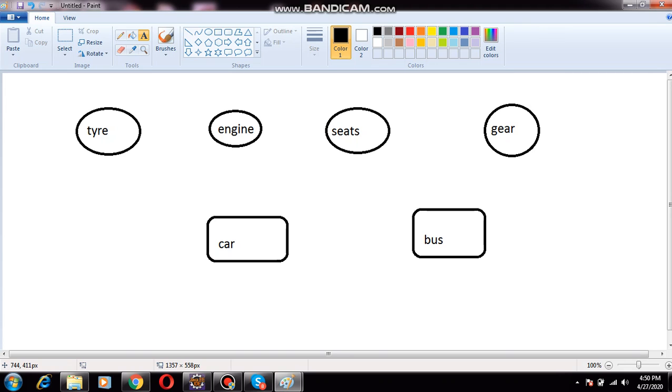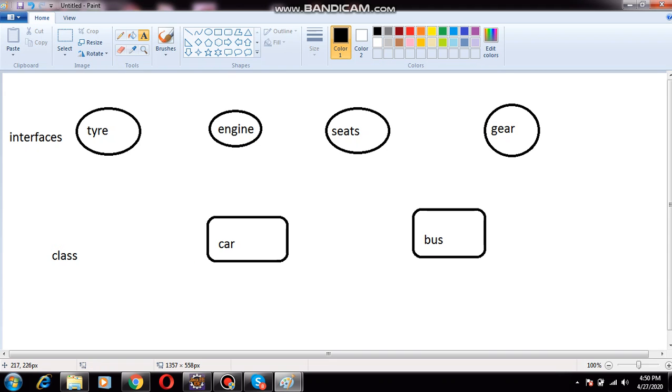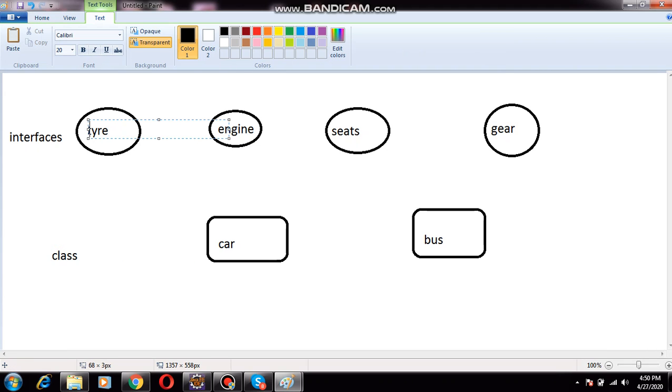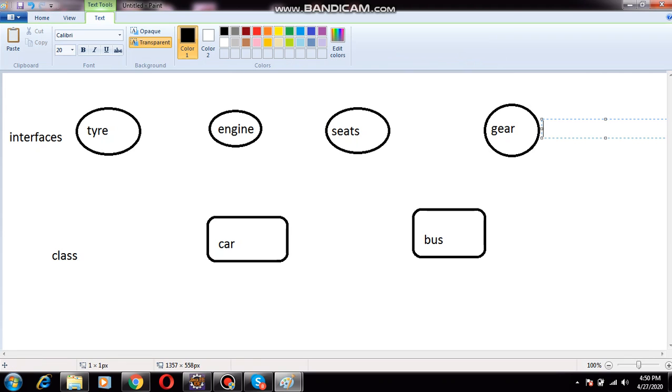Consider car and bus are classes, and these are all interfaces. Now how many interfaces am I taking? 1, 2, 3, 4 interfaces. In the fourth interface, gear extends seats comma tire comma engine.